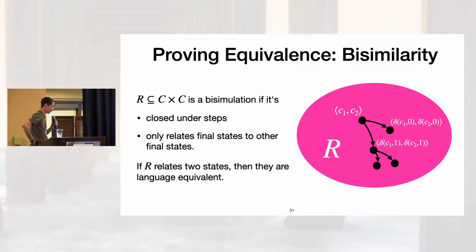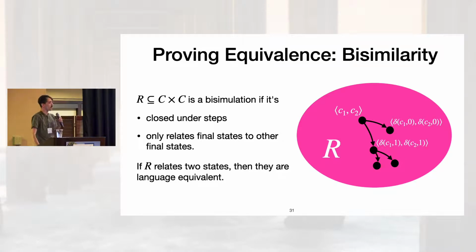The idea is to compute what is called a bisimulation, right? So you want a relation between the state spaces of your two automata, which is closed under steps, and only relates final or accepting states to other final or accepting states. And this means that if R relates two states, then they have to be language equivalent by basically an inductive argument.